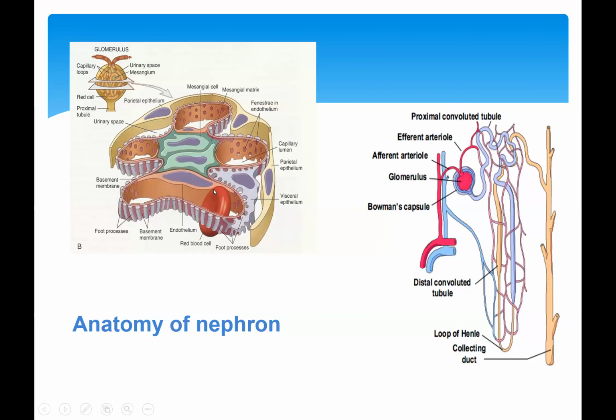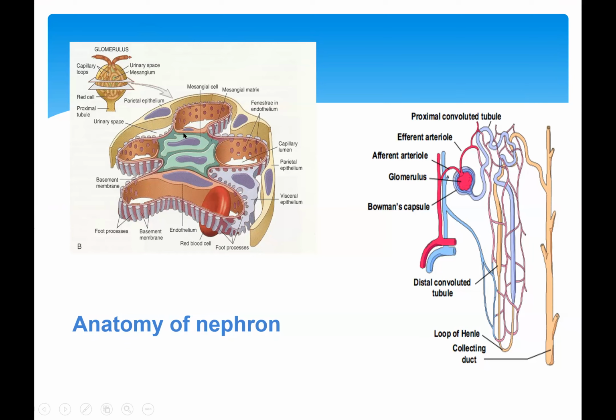Let us try to review the structure of the glomerulus. The glomerulus is basically a tuft of capillaries. If you look at this illustration, this is showing you the nephron. Again, to start with, the glomerulus is composed of a tuft of capillaries.